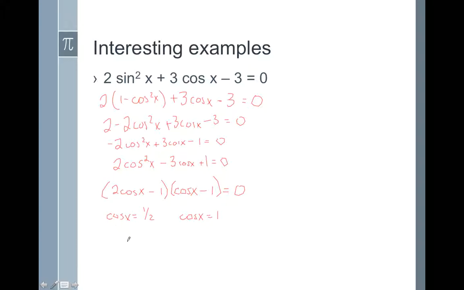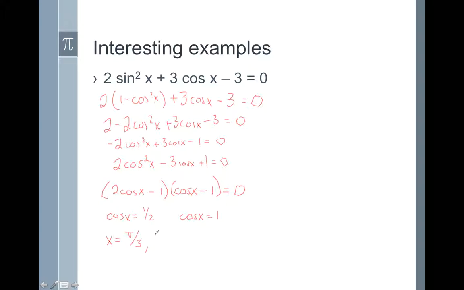Well, for cosine of x equal to 1/2, 1/2 is a special number. And that only happens at 60-degree angles. So at a 60-degree angle, that's actually pi thirds. And cosine is the x. So I'm looking here for positive x values of 1/2. So that's in quadrants 1 and 4.